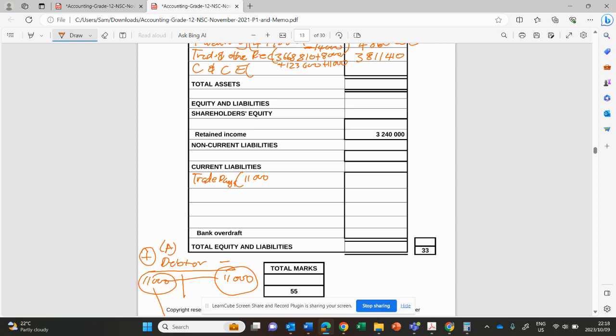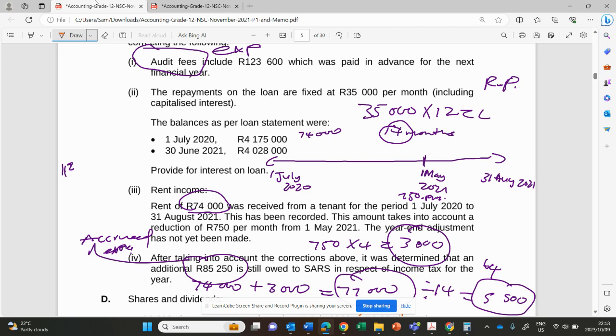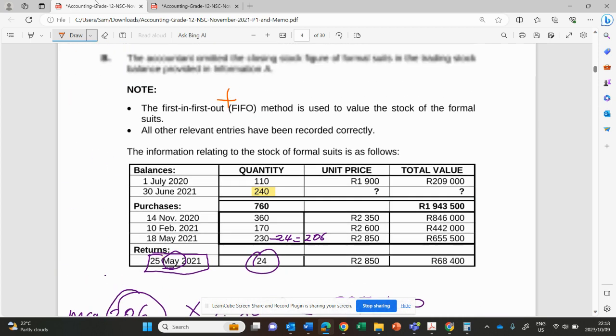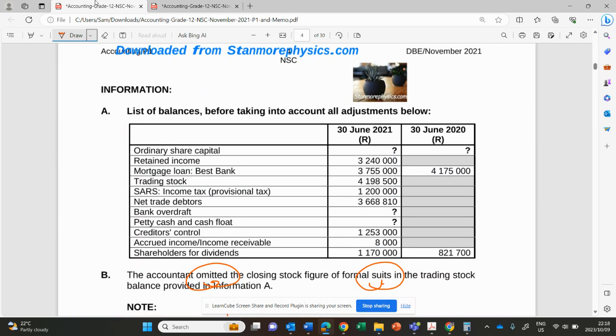Now we can go to the cash and cash equivalent. What's happening with the cash and cash equivalent? Let's come to the trial balance. We are having a bank overdraft, which is the balancing figure there, then the petty cash and the cash flow is the balancing figure there.